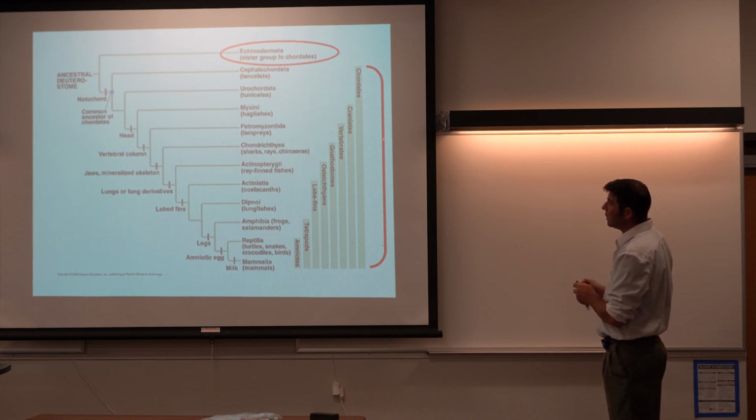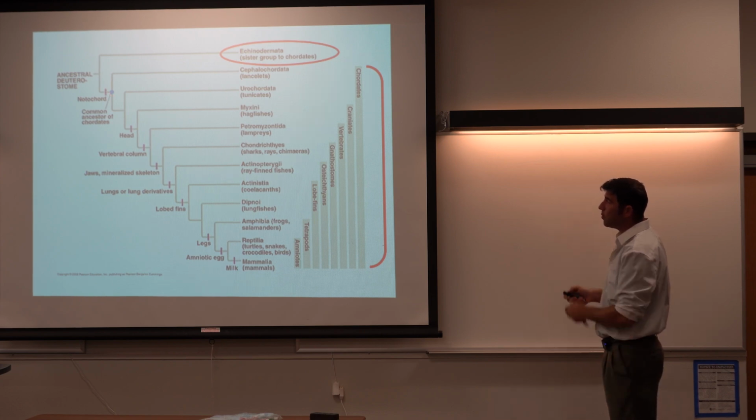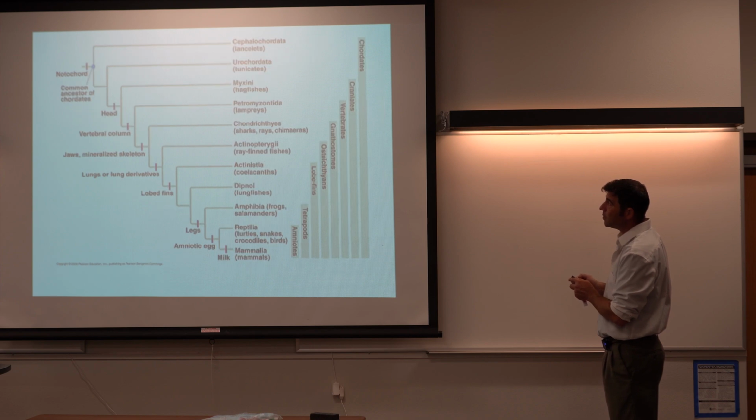So everything here in this red bracket is part of that chordate branch. And you can see if we zoom into that chordate branch, there's quite a lot of details that we can see. So I'm going to try and start right with this single branch of the chordates, and we're going to try and draw that up on the board. If we could just exclude those echinoderms. So they're gone now, and we're just looking at this clade of chordates.